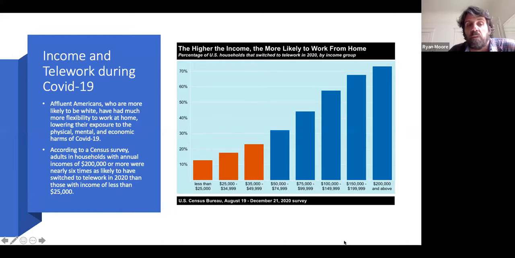So people who've been teleworking have been able to insulate themselves from these mental and physical hardships that the pandemic has imposed.